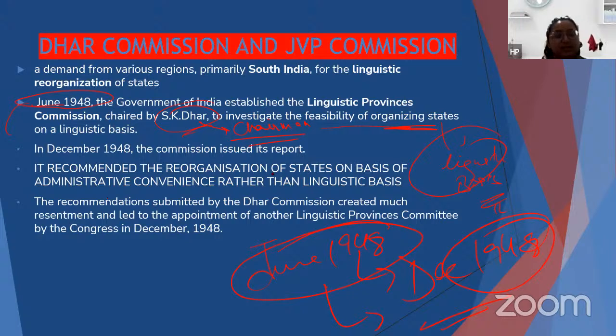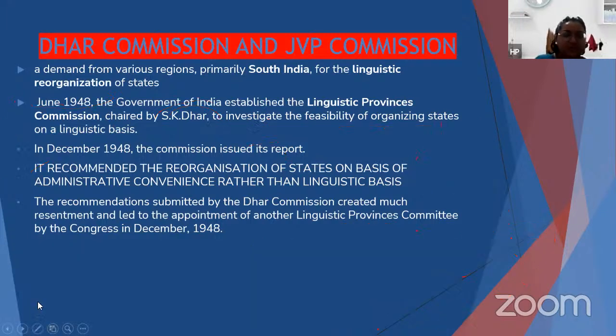Submit कर दिया. It issued its report and it recommended कि reorganization of state जो होना चाहिए वो administrative convenience के basis पे होना चाहिए rather than linguistic basis. So what does it mean over here? Administrative convenience.